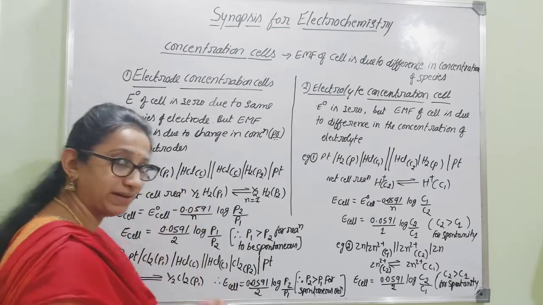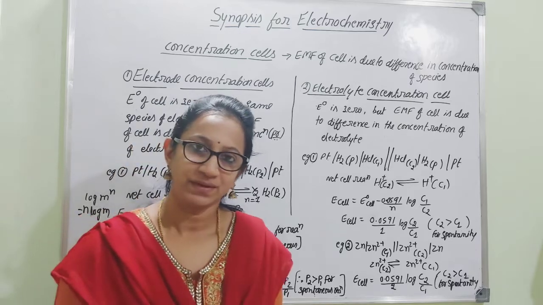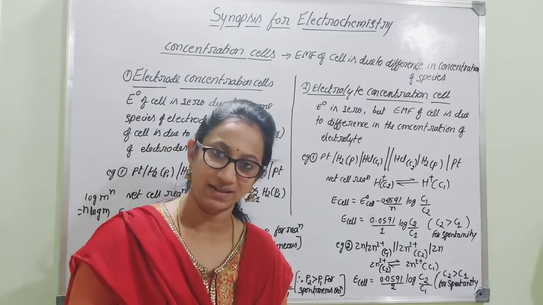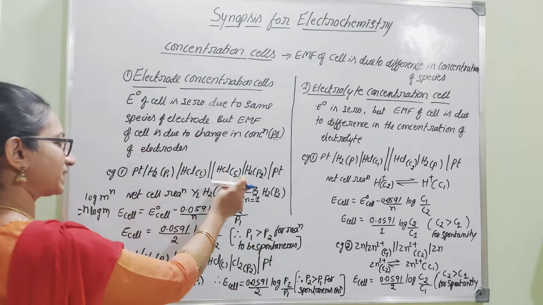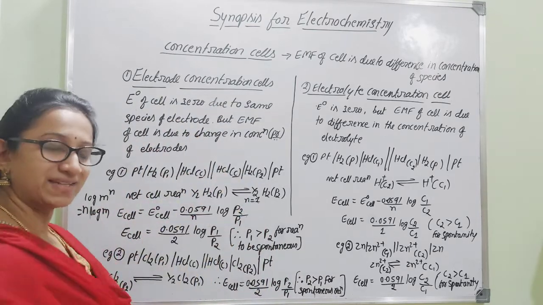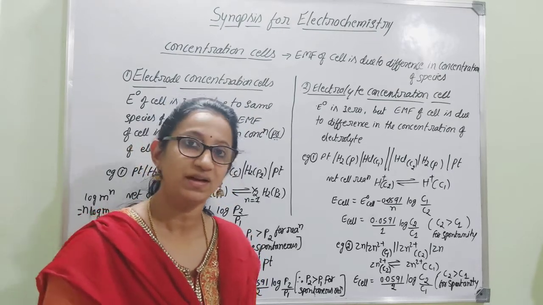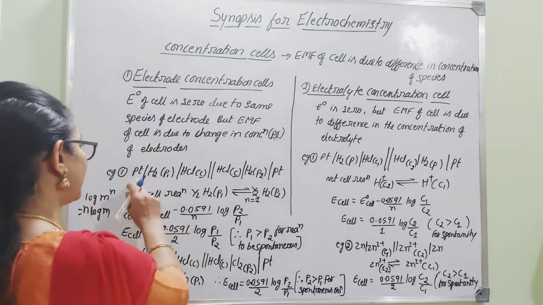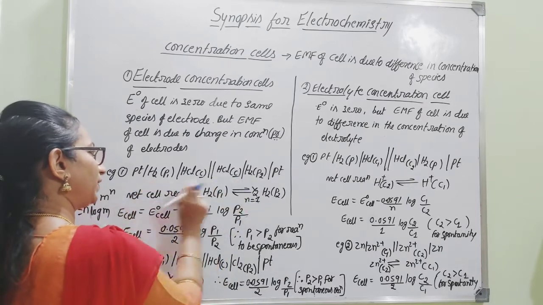Therefore, in the given question, in examination, in MCQs, if they are asking what is the condition required for the given cell representation, they will be asking either P1 should be greater or P2 should be greater or both should be equal. Then you should be careful regarding the arrangement of the electrodes at both anode and cathode.